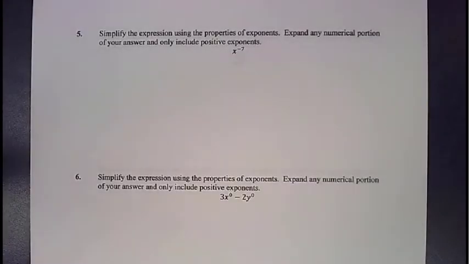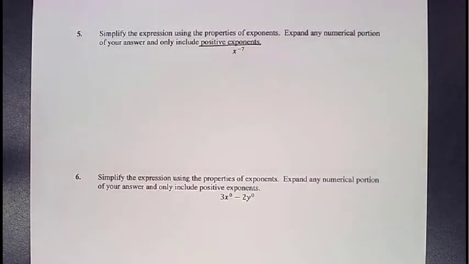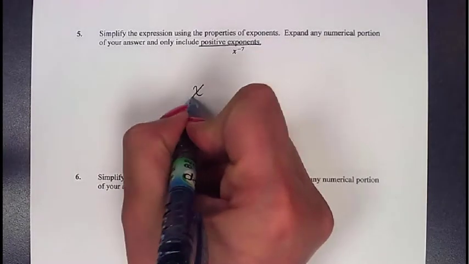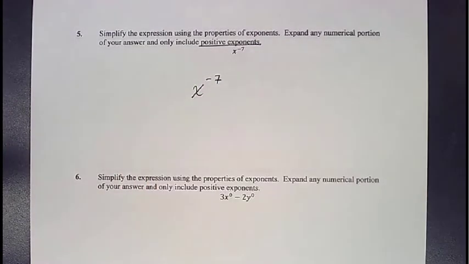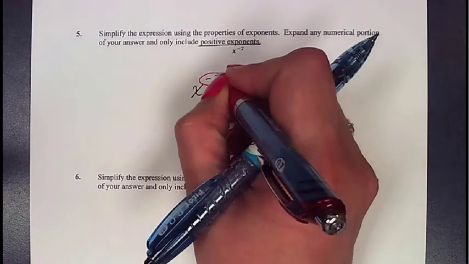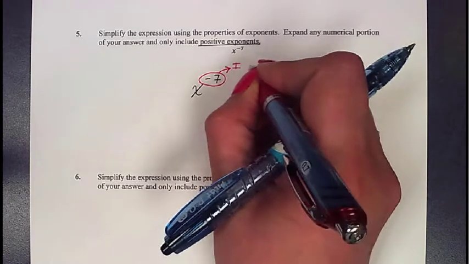Now, one of the things we really haven't talked about much yet, but it is included on every single one of these instructions, is that we want to have all positive exponents whenever we're doing our final answer. As you can see, this particular question has x to the negative 7, and the only thing that we really have to talk about is the fact that our exponent is negative. And remember what we talked about in our rule. This says I am in the wrong place.